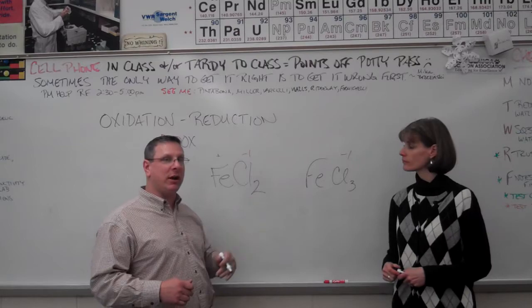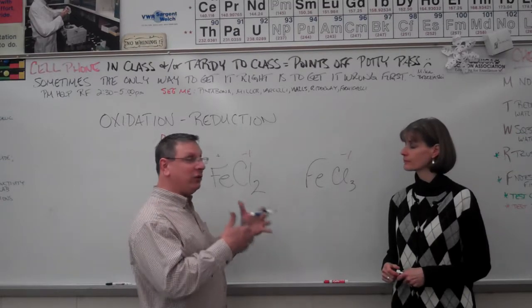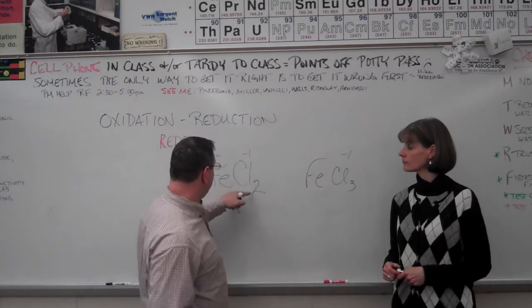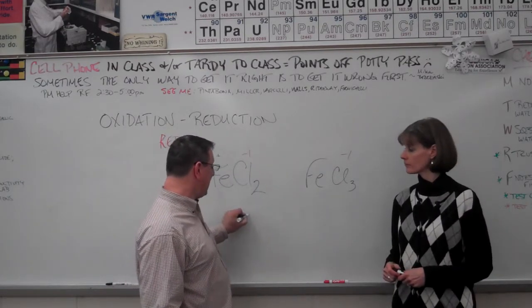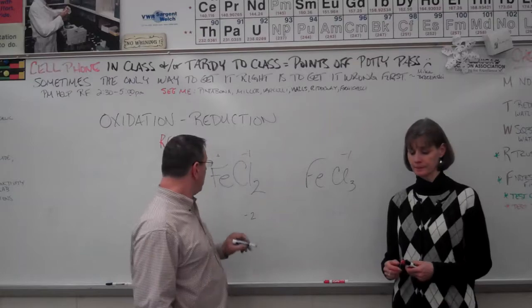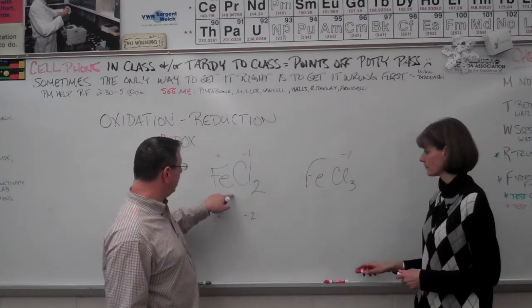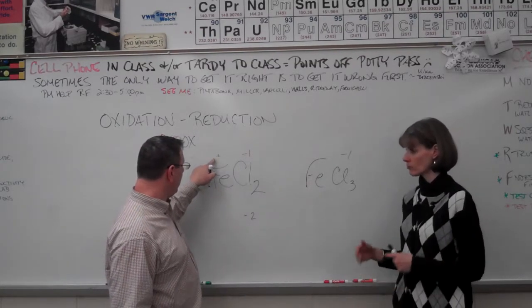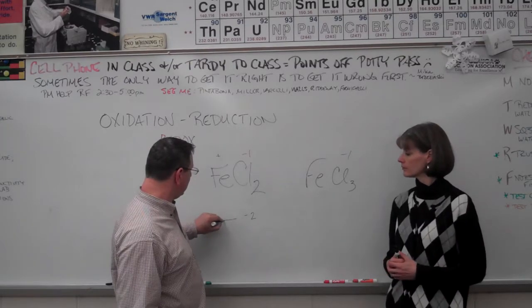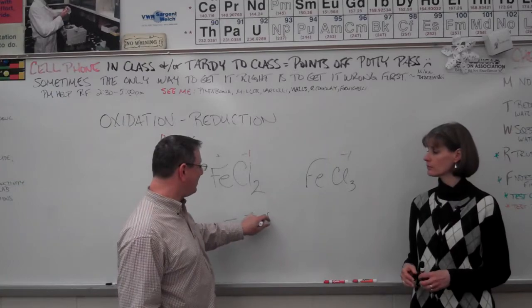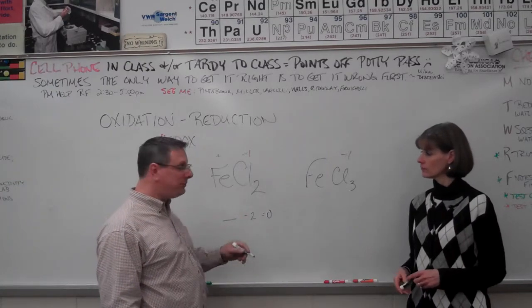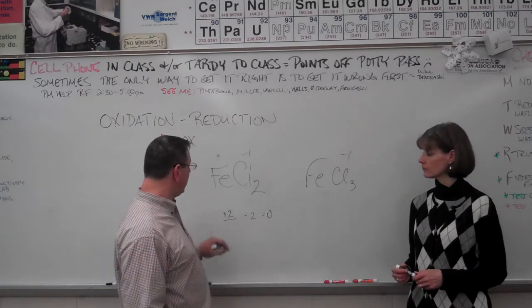Using Mrs. Gregory's intuitive algebra, 2 times -1 gives us a -2 charge. We only have one iron, so whatever this number is, when added to -2, has to equal 0. Intuitively, this has to be +2.